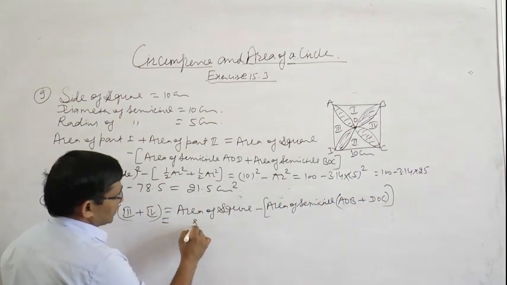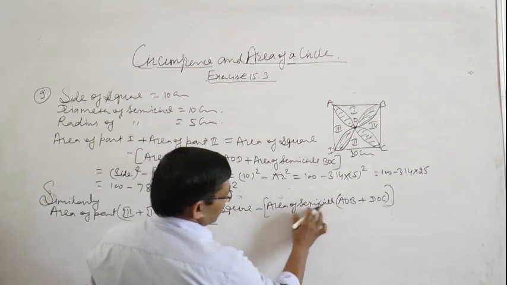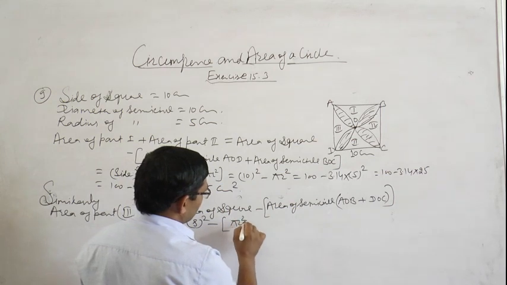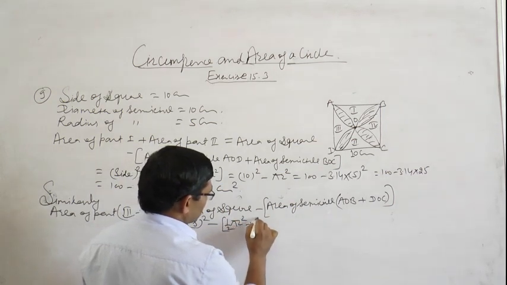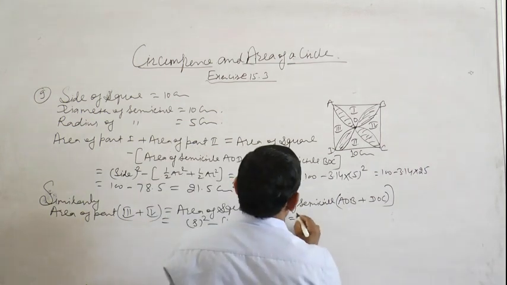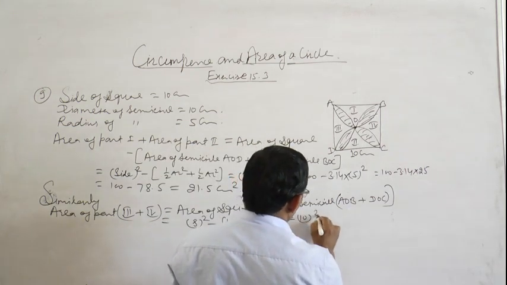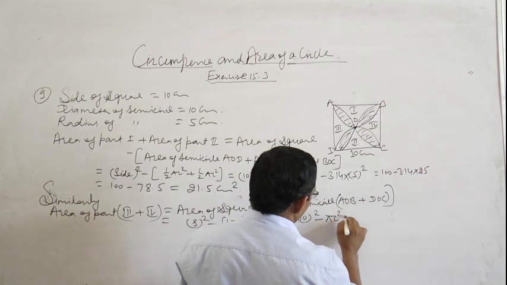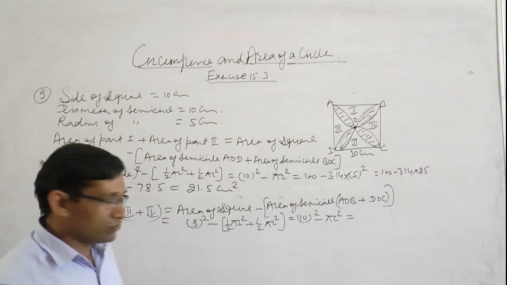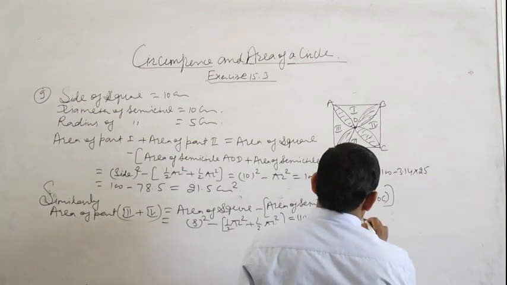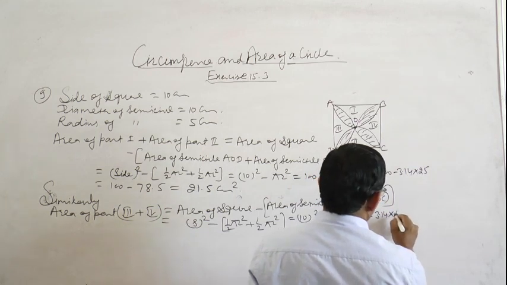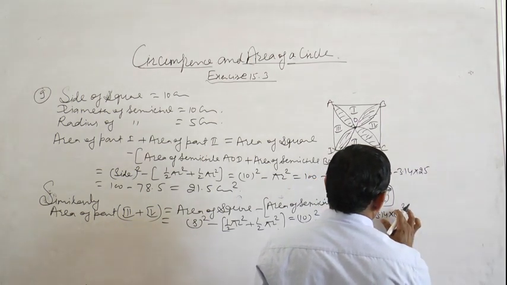Again area of square is side square minus area of semicircle. Half pi r square plus half pi r square is equal to pi r square, so 10 square minus pi r square. 100 minus, again we put 3.14 multiply r is again 5 square.